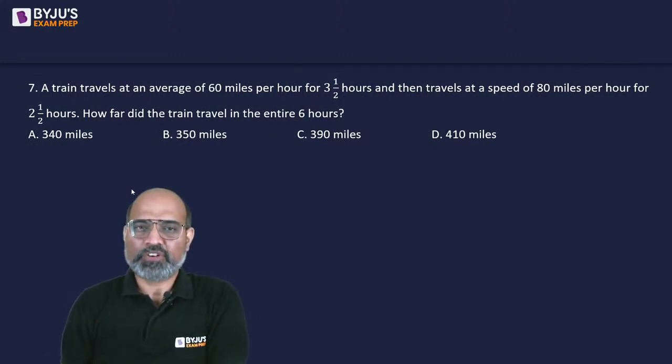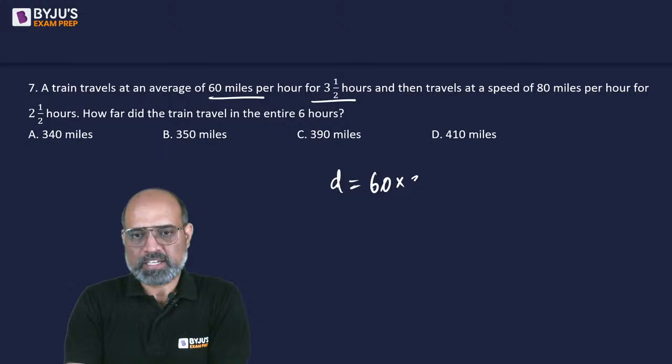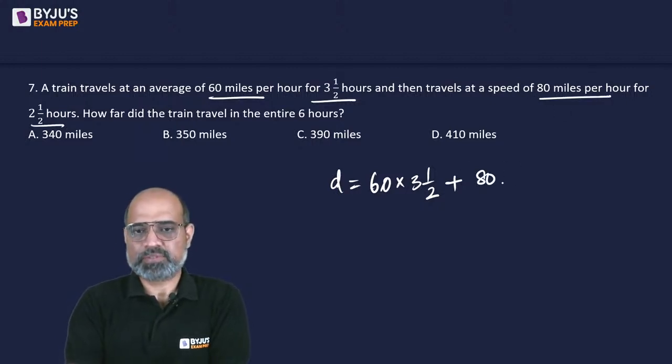Pretty straightforward question, right? So distance is equal to speed into the duration or the time for which it was running. And then further next speed into time.